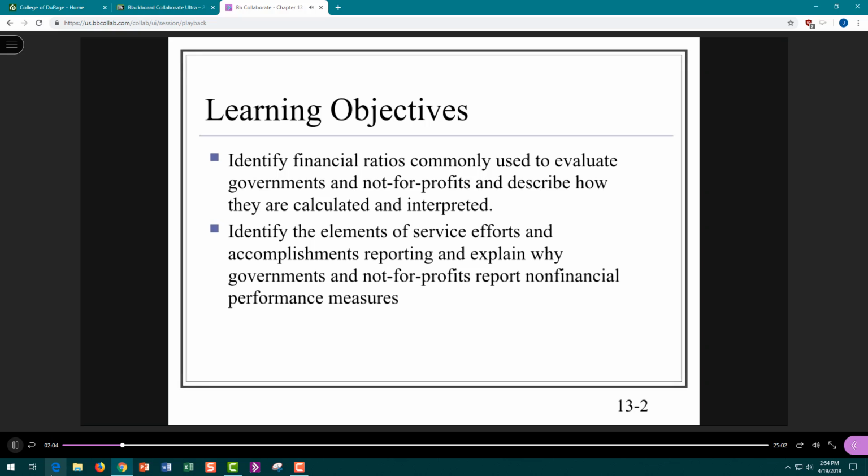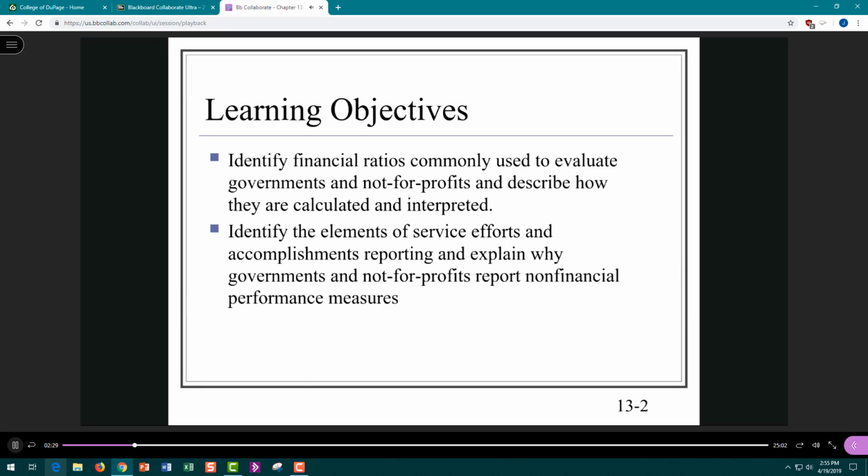You may have had some exposure to financial ratio analysis either in an accounting course or perhaps in a finance course. Also, we're going to identify the elements of service efforts and accomplishments reporting and explain why governments and not-for-profits report non-financial performance measures.